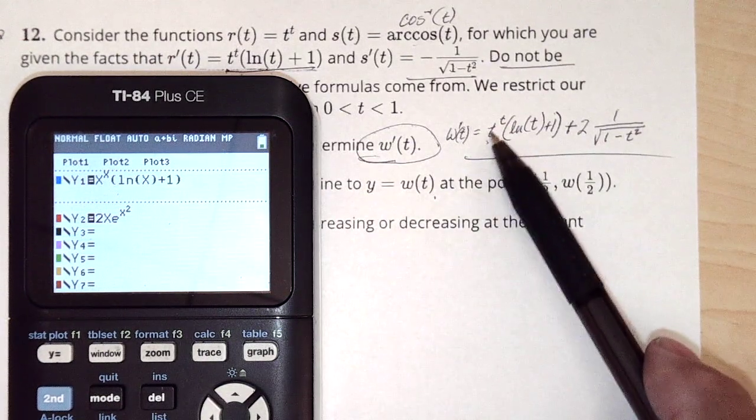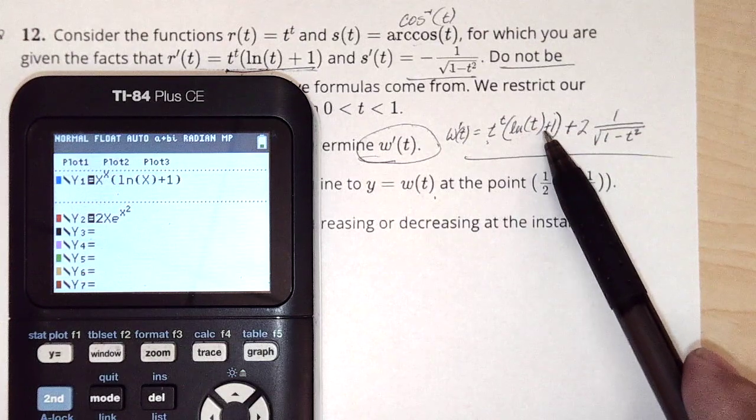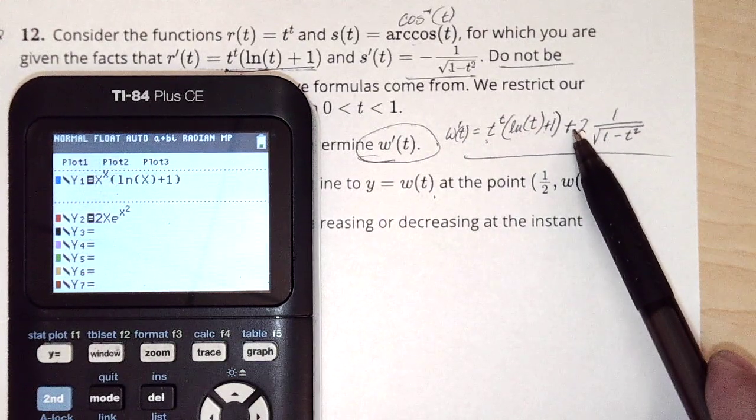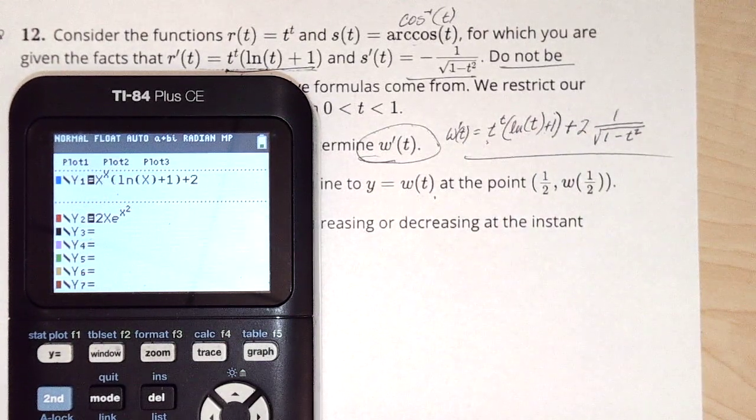That's t to the t ln of t plus 1, plus 2, and that's all divided by the square root of 1 minus t squared. Only I'm using x's for the t.